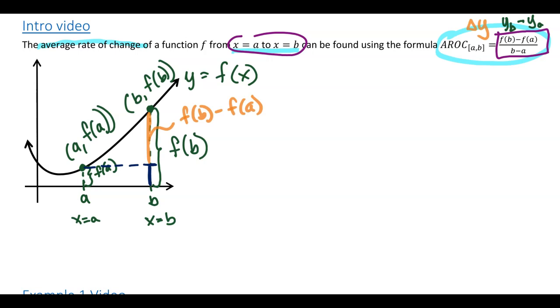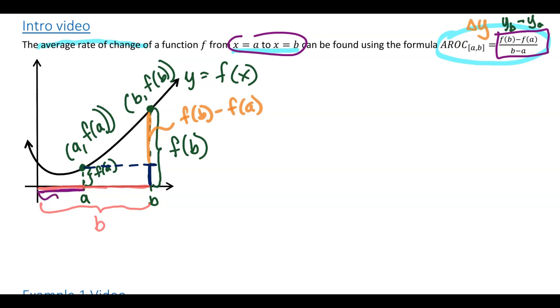We have to do the same thing for x's. They tend to be a little bit easier to visualize. So if we look down here and say, okay, x equals b, we already marked off where that tick mark is, but what that really means is that this entire length right here is b units long. We have to go b units over from the y-axis to get to our point. Similarly, we'll use purple again.